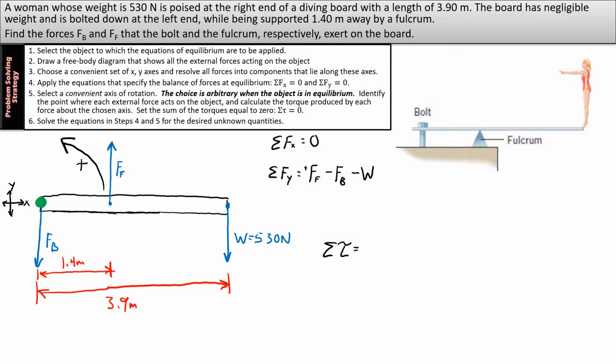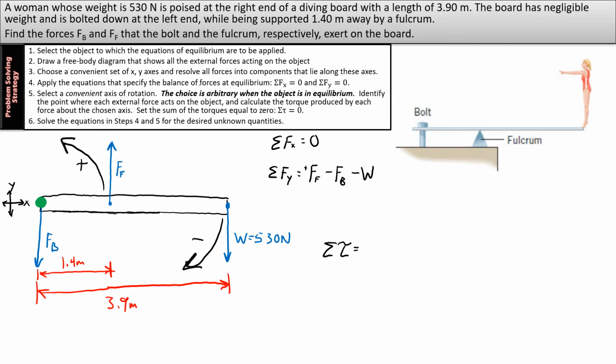And the weight is making you rotate this way about this axis, so that's clockwise, so that's going to be a negative torque. Just like we set it up before, the positive and negative signs are going to come into play. This force doesn't make you rotate about that axis at all. The torque is 0, so it's going to go away. It doesn't matter what that is.